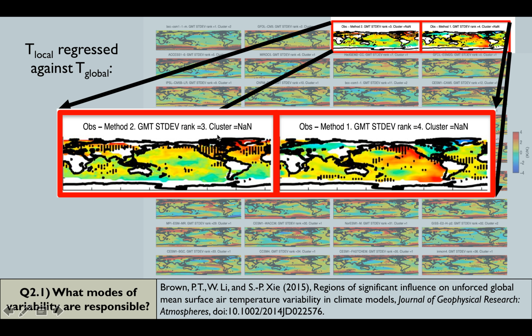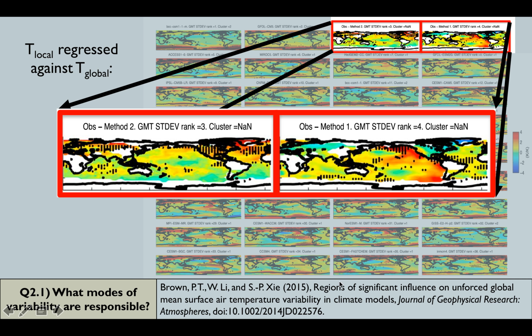As I mentioned before, there's multiple ways to remove the forced variability from the observations to isolate the unforced variability, before you then do this regression to see where the unforced variability originates from. But you can see that depending on how you treat the forcing, you get a very different answer, where one way you get the North Atlantic as the primary driver, and another way you get the Pacific, this IPO looking pattern.